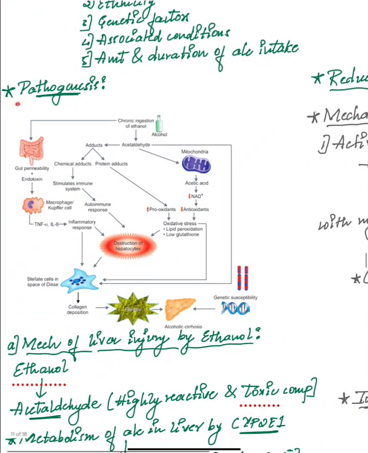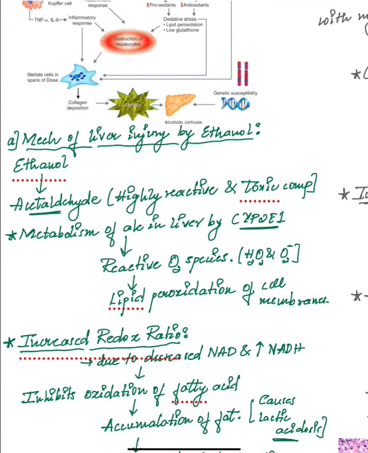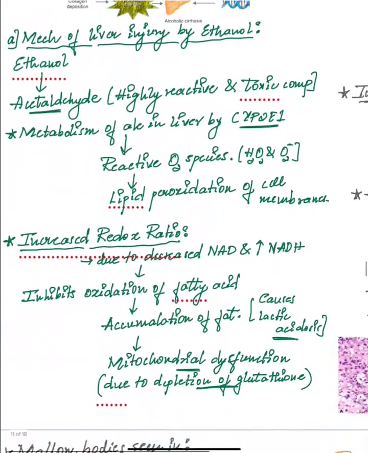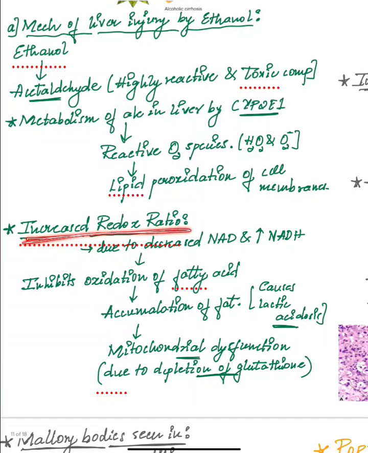Now coming to the pathogenesis, the mechanism of liver injury by ethanol. Ethanol, as I mentioned above, gets converted into acetaldehyde, a highly reactive and toxic component. Alcohol is metabolized in the liver by the CYP2E1 enzyme. Then, reactive oxygen species, then lipid peroxidation of the cell membrane. Next, there is increased redox reaction.